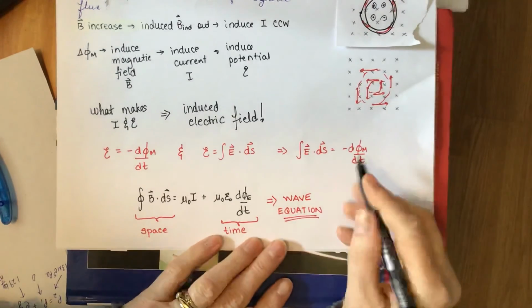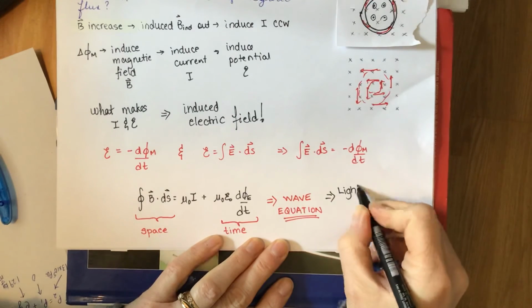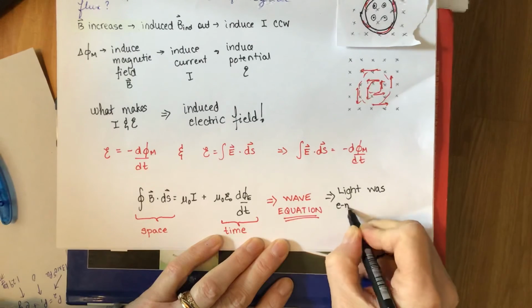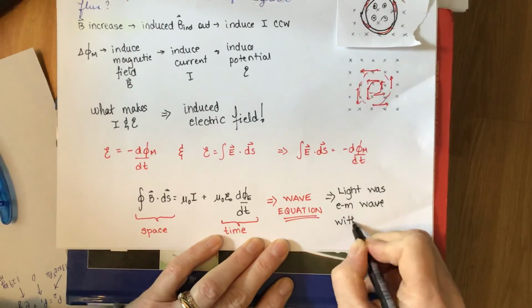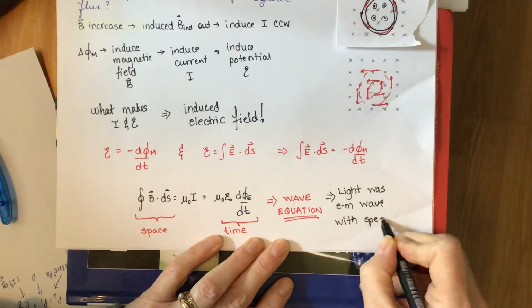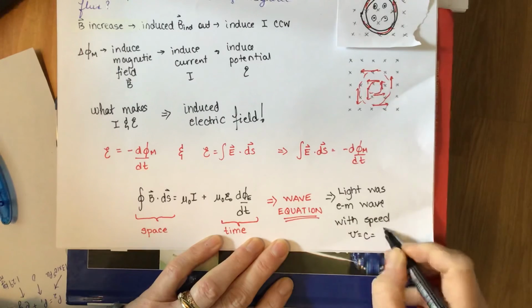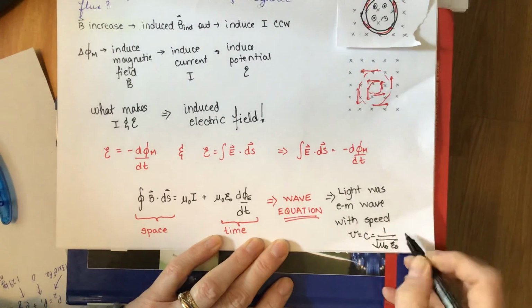So this is a wave equation. So the result of this meant that light was an electromagnetic wave with a speed, which we now call c, equal to 1 over the square root of mu naught times epsilon naught.